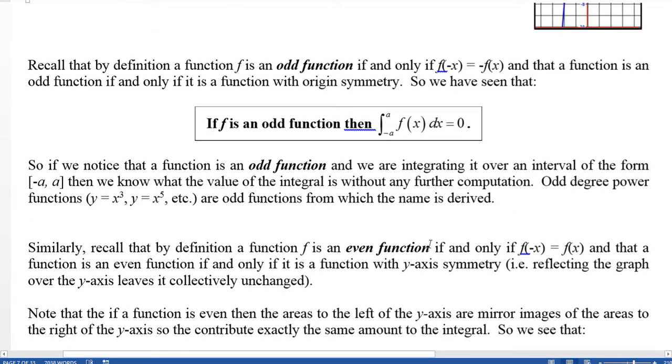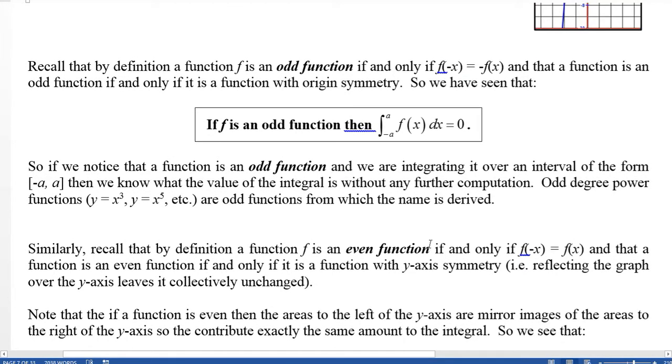Now, an even function is when you do f of the opposite of x, you get the same thing as f of x. And that turns out to be the same thing as a function with y-axis symmetry. Y-axis symmetry means you take the graph and you reflect over the y-axis, and ultimately what's to the right of the y-axis is matched by what is to the left of the y-axis and vice versa.